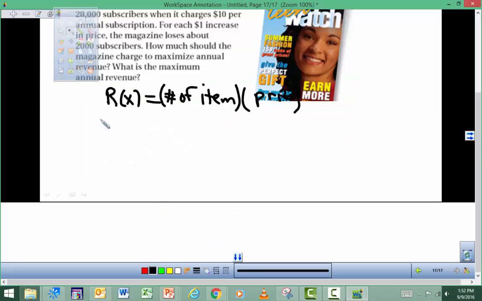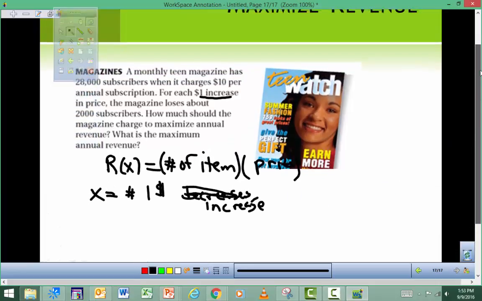Often on these problems, you're going to let x be equal to the number of $1 decreases, or whatever amount they said. This time we're increasing, so you should let x be the number of increases. Then you have to figure out the algebraic expression that describes how the number of items is going up.